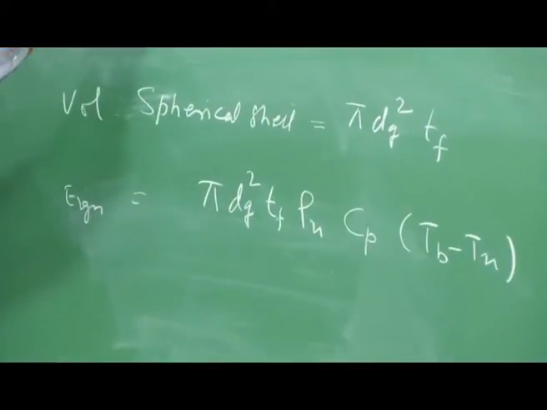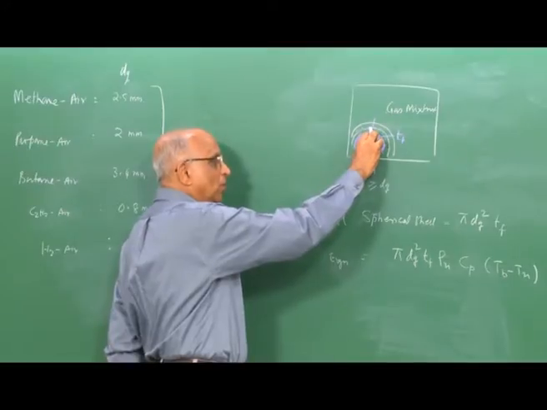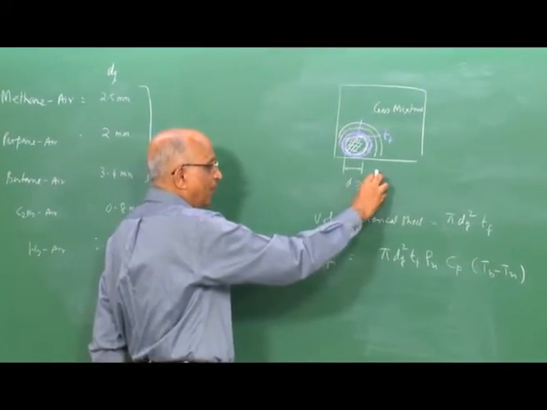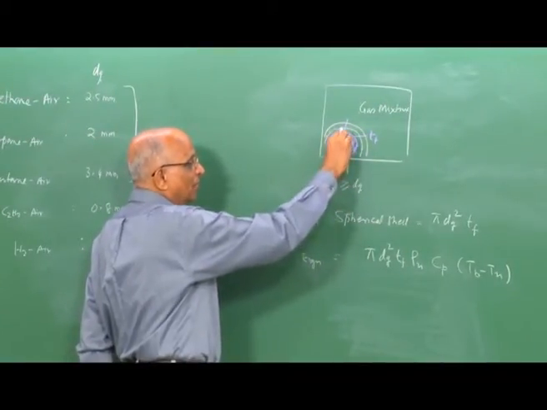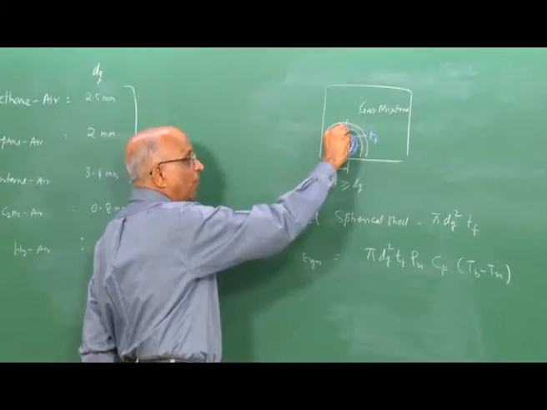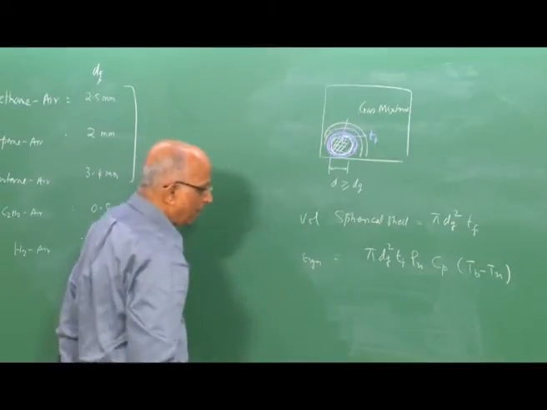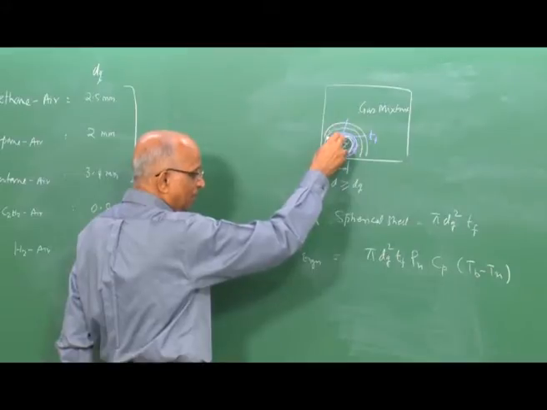That means for ignition I need to form a particular kernel or a volume whose dimension is of the order of the quenching thickness, and the heat and concentration from this should be able to form a flame of thickness Tf, such that propagation continues from layer to layer over here.